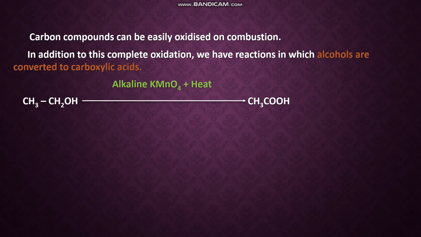This reaction can also be carried out in the presence of acidified K2Cr2O7, potassium dichromate. It can be heated. So what is the role of alkaline potassium permanganate or acidified potassium dichromate? They are providing oxygen to the ethanol to carry out the oxidation reaction.